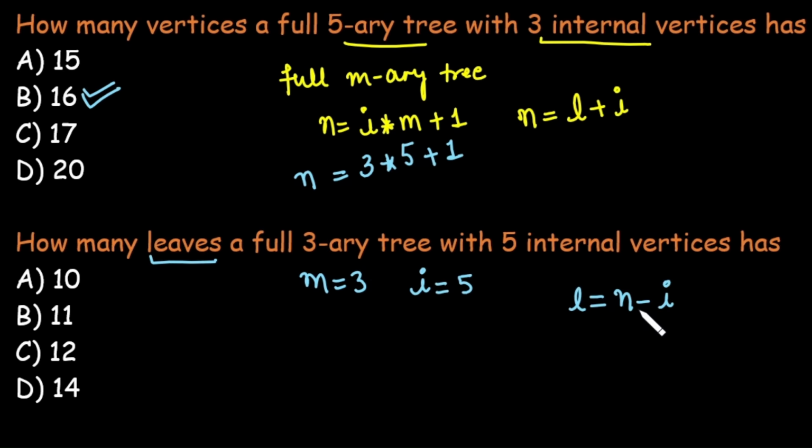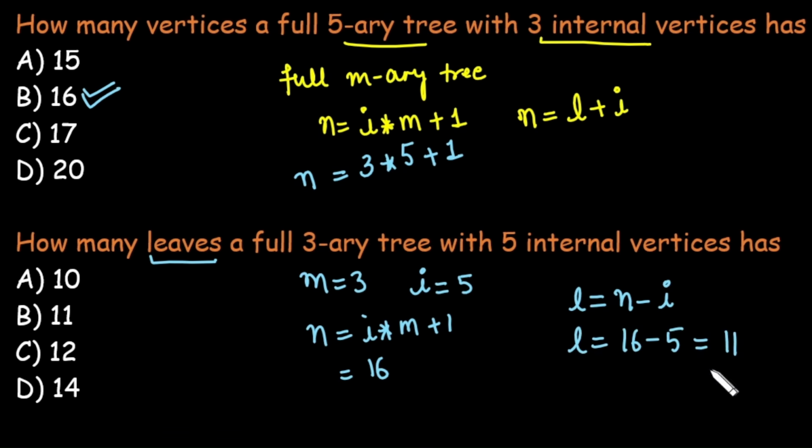Now how to calculate the number of vertices? We can use this formula: number of internal vertices into m plus 1. This is equal to 5 into 3 plus 1, 16. Now leaves is equal to 16 minus 5, that is equal to 11. Hence option B is correct.